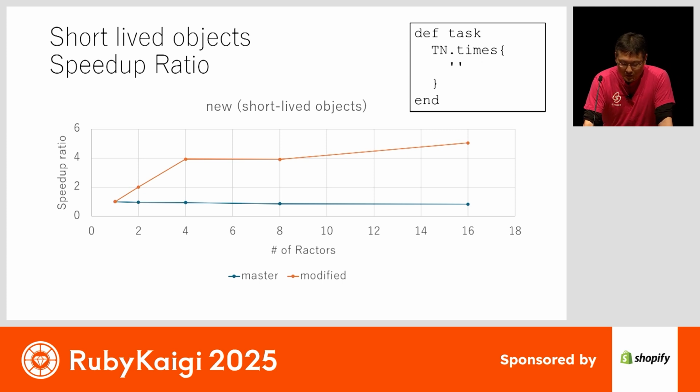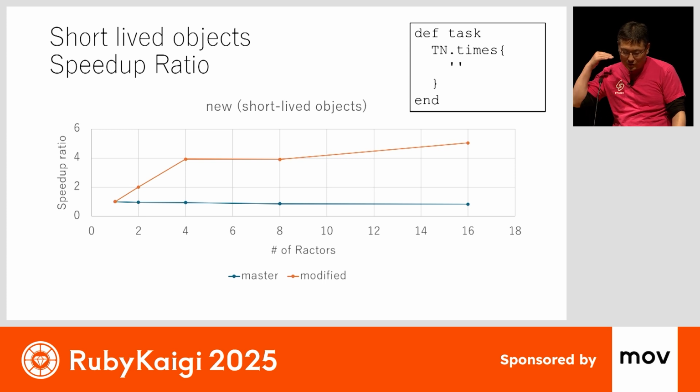In contrast, the master version shows almost no parallel benefits. That's because all Ractors are stopped for global GC, eliminating the advantage of parallel execution of Ractors. This result shows that the local GC works effectively for Ractor-local short-lived objects.